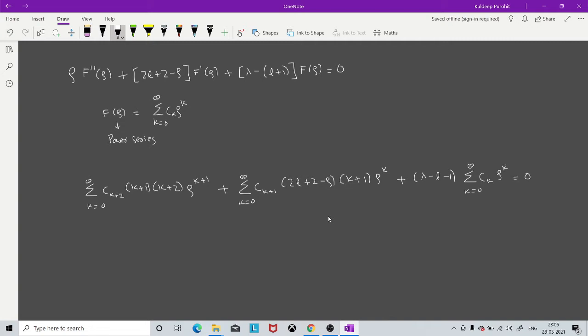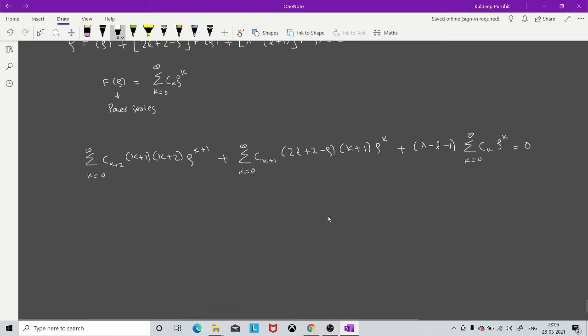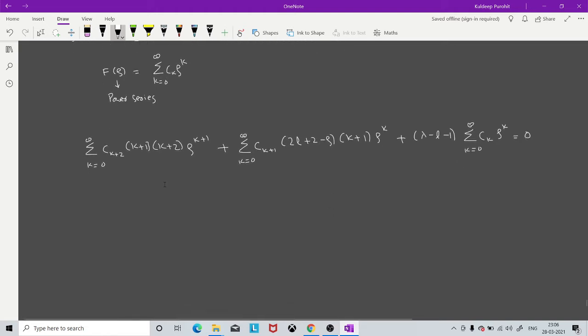Here I am having rho to the power k plus 1. Since k is just a dummy variable, I will replace k plus 1 by k minus 1. Nothing will change, and this term will actually look like this now.